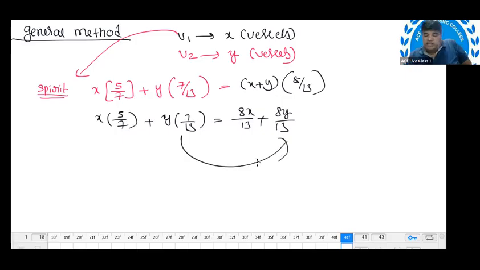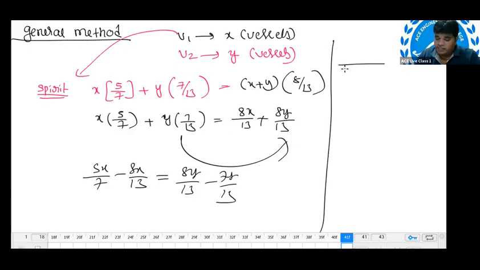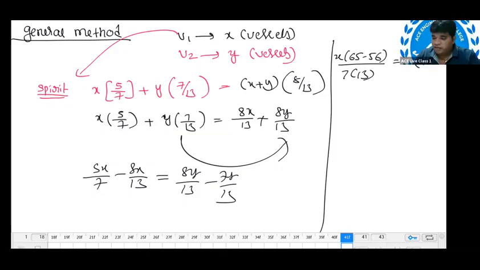This is the left side and this is the right side. So 5x/7 minus 8x/13 is equal to 8y/13 minus 7y/13. LCM is 7 into 13, x common: 65 minus 56 is equal to y common, answer 1/13. 13 and 13 cancel.